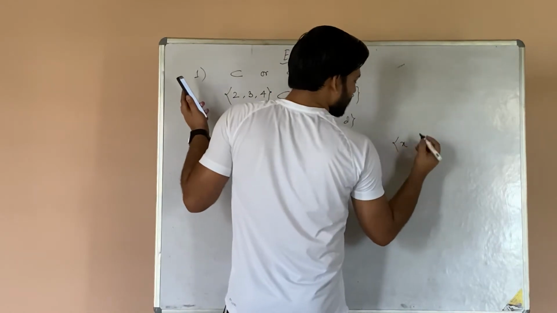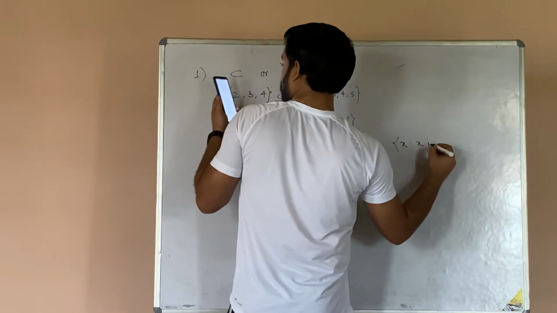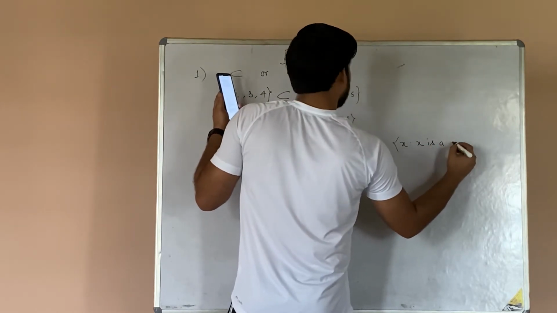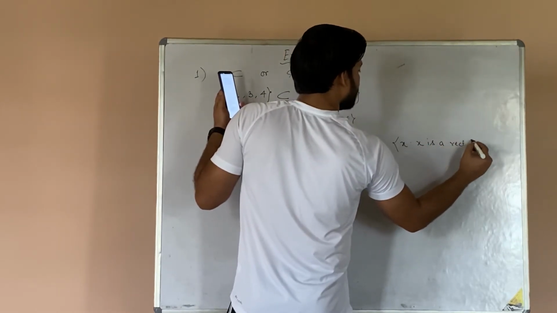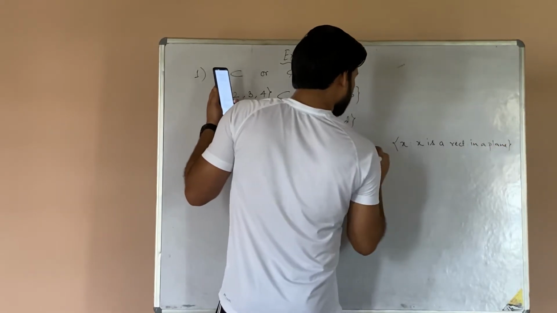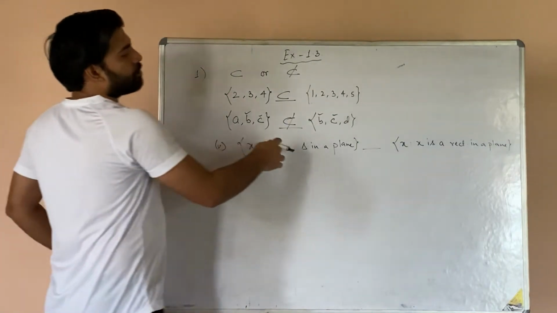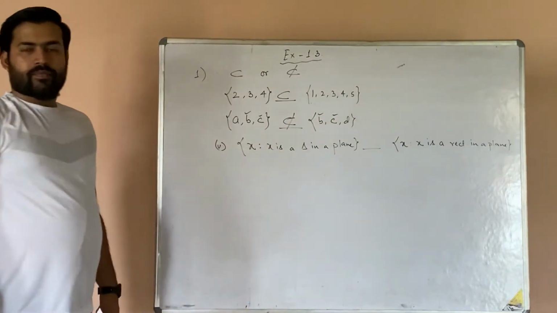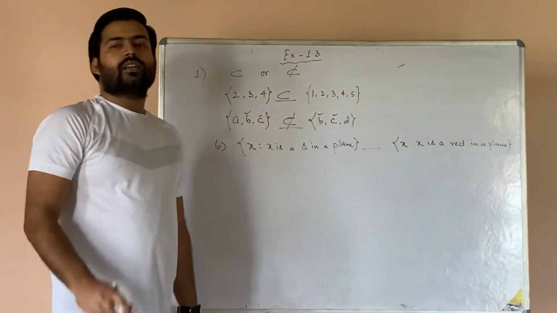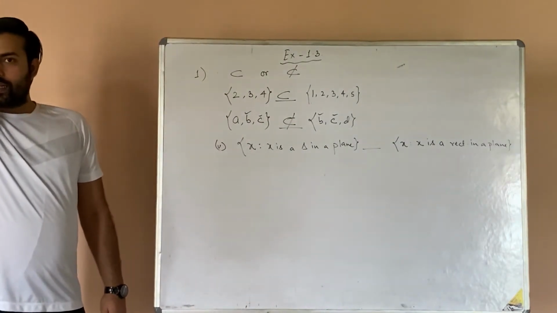There is another set defined by an arbitrary element x, where x is a rectangle in a plane. Now you need to check. A triangle in a plane and a rectangle in a plane. The triangle is what? A three-sided polygon. Rectangle is what? A four-sided polygon.